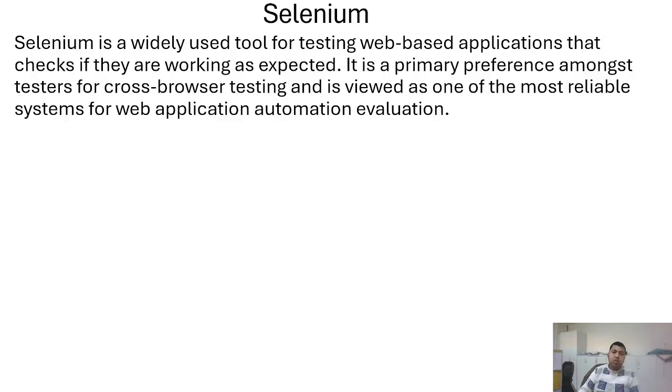So what is Selenium? It is a widely used tool for testing web-based applications, primarily preferred for cross-browser testing, and is viewed as one of the most reliable systems for web application testing. It is mostly used for cross-browser testing across different browsers and different versions of browsers.